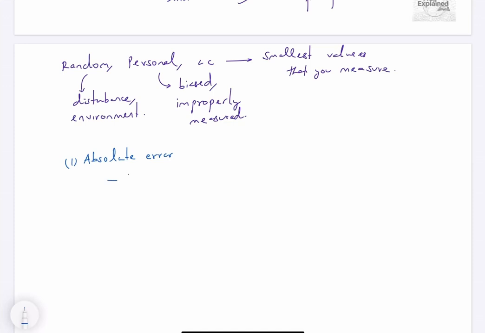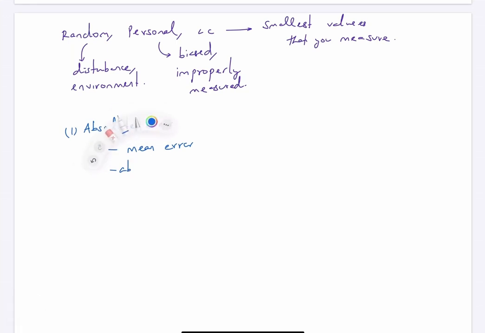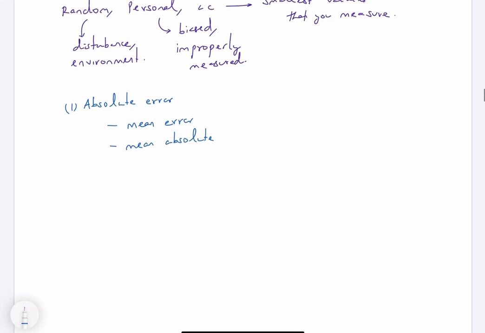This also has mean error. Then you have absolute mean or mean absolute. Then the second one is relative error. Then the third one is percentage error. Percentage error is nothing but relative error into 100. It's just this one, right?